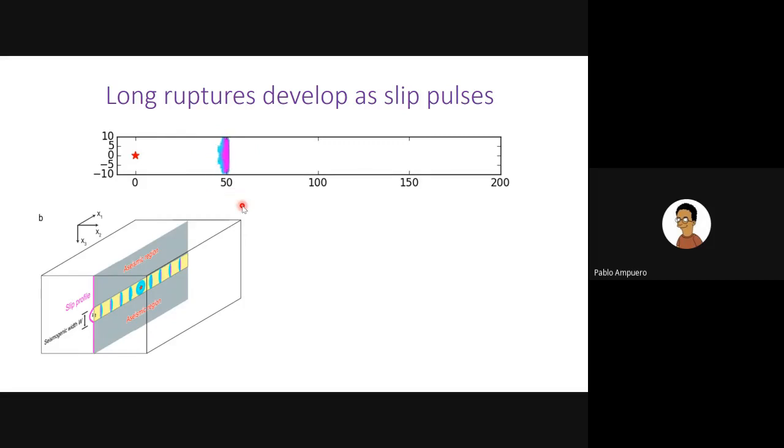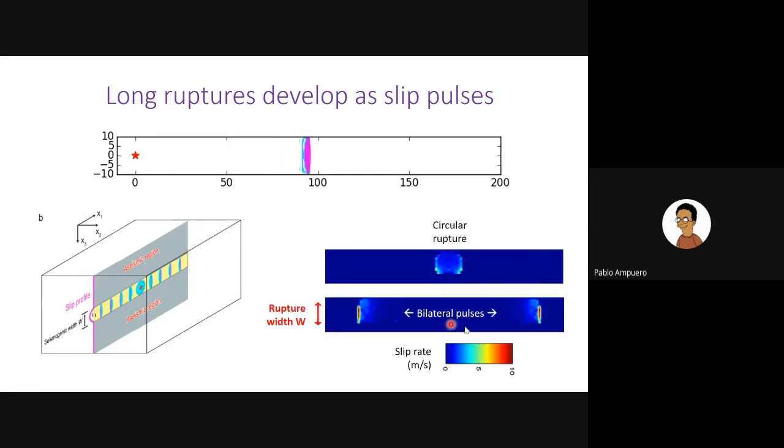So that's the velocity at which the two sides of the rock across the fault slide past each other. So here are two snapshots of that. At the beginning, we have a circular rupture, and then we have what we call slip pulses, that the rupture evolves into slip pulses.